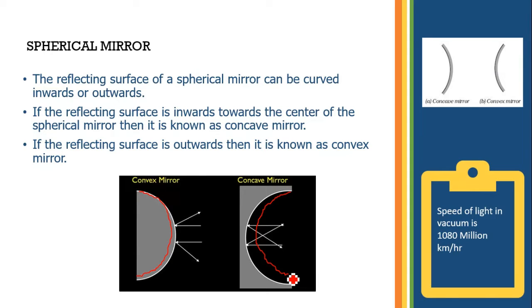Now you understand that the back side of a spoon, where the reflecting surface is outwards, is a convex mirror, and the front side of a spoon, whose reflecting surface is inwards, is a concave mirror. Now let's see the next slide.